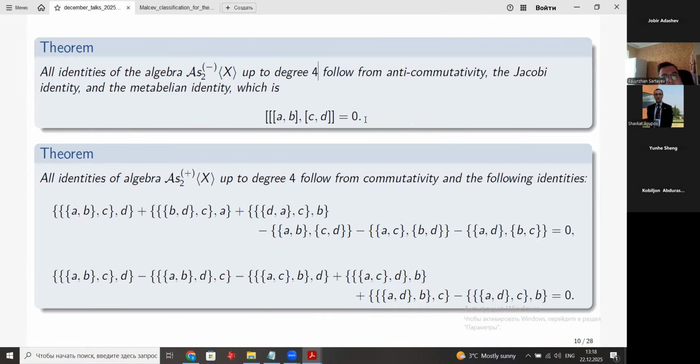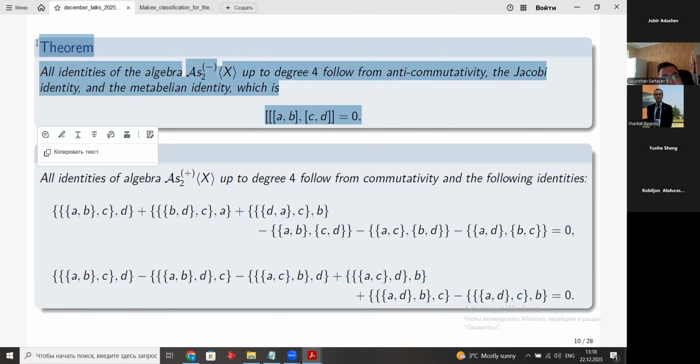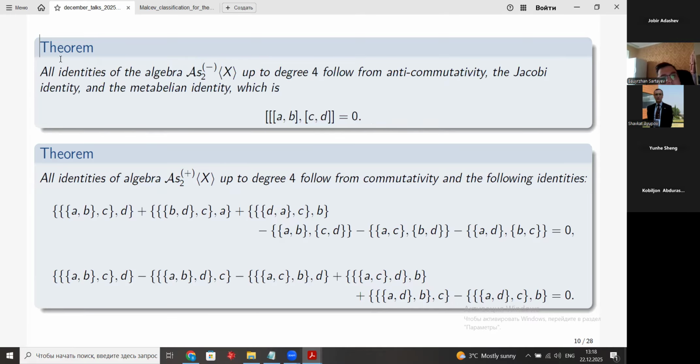It's not yet published anywhere, but we have proved that an associative algebra of the second type under the anti-commutator is just metabelian. There are no other new identities. Maybe we'll publish it in the next two to three months.